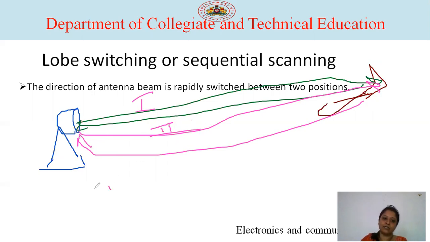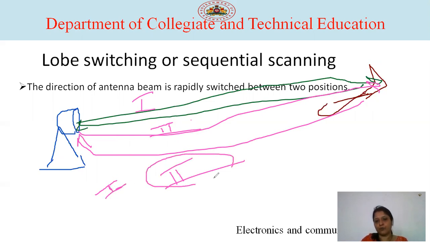These two echo signals, from the first position and the second position, are compared for strength. Suppose the strength is more at the second position, what does that indicate? The target is towards the second position.